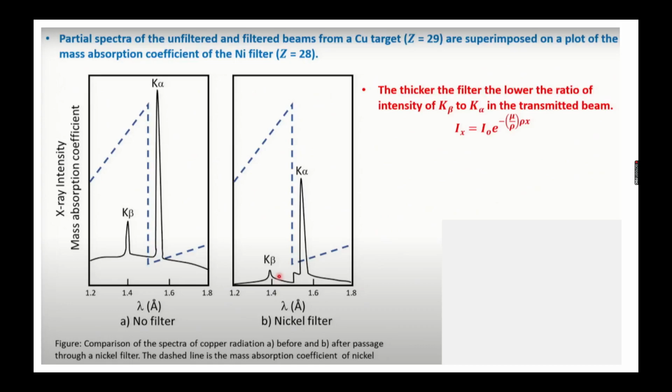In the last question we saw that for a material with atomic number near 30, the filter has an atomic number one less. So here they have used nickel, which has an atomic number one less than the copper target. Copper has Z equal to 29, so the filter's atomic number is 28. When you look, this will be that plot.